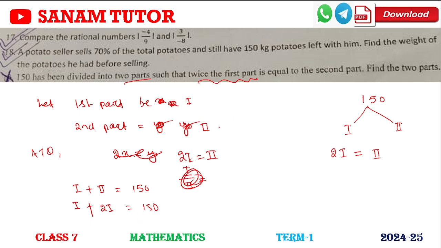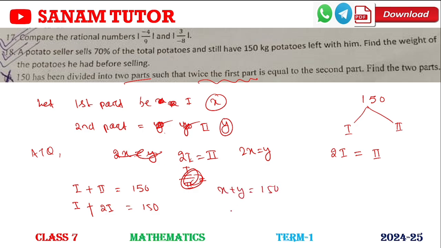Suppose this is x, here is y, so 2x equal to y. According to the question, 150 divided into two parts means the sum of the two parts must be equal to 150. So x plus y equal to 150.